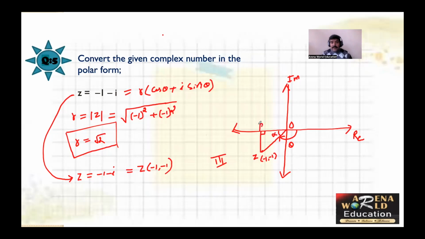This is P. So PZ will be 1 and PO is also 1. So can you tell me what will be the value of tan alpha? Yes, tan alpha will be 1 upon 1. Means it is tan alpha is 1. If tan alpha is 1, easily we can find the value of alpha. That will be, yes, that will be pi by 4.